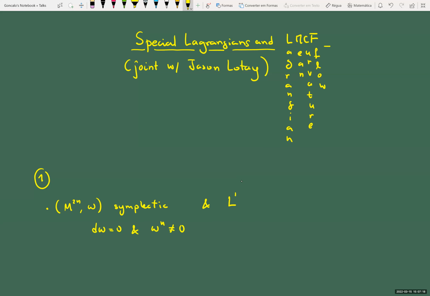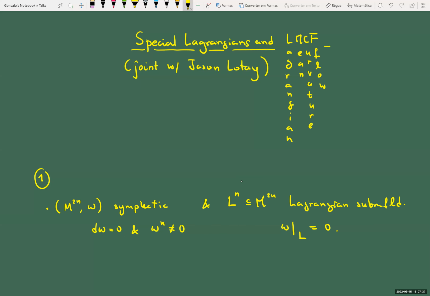And L is a half-dimensional submanifold and is going to be a Lagrangian. So it's a Lagrangian submanifold. Lagrangian simply means that if you pick the symplectic form and you restrict it to L, that vanishes.